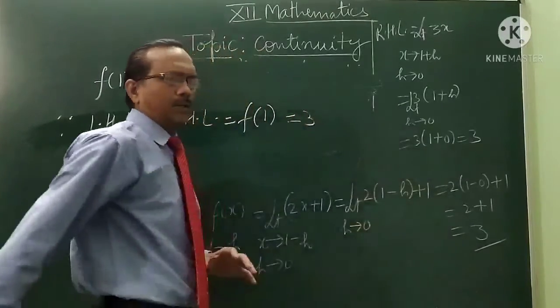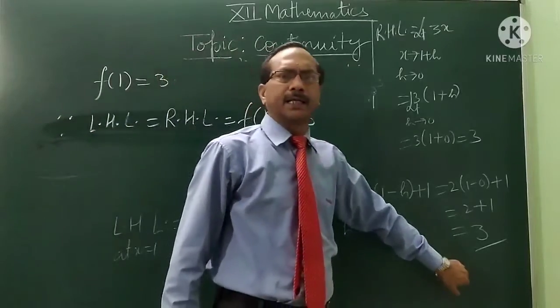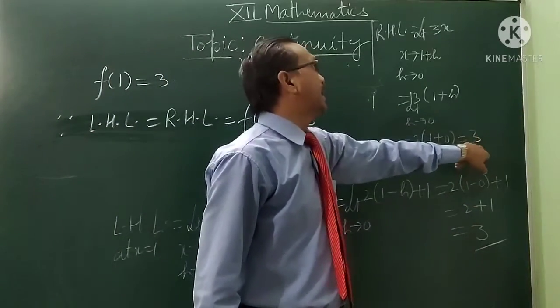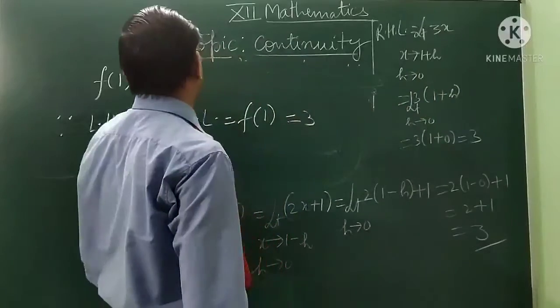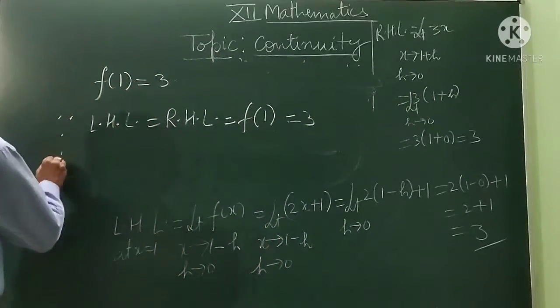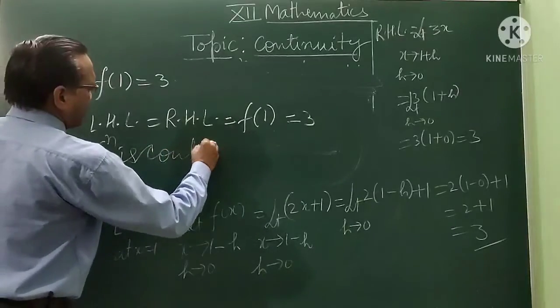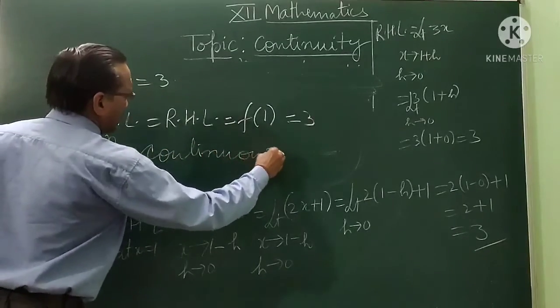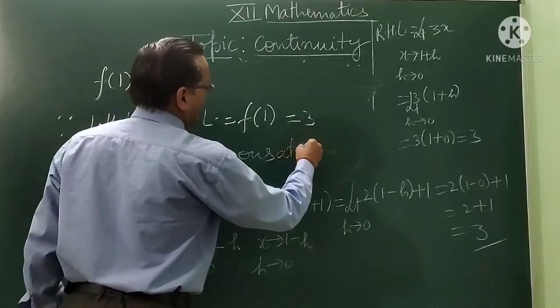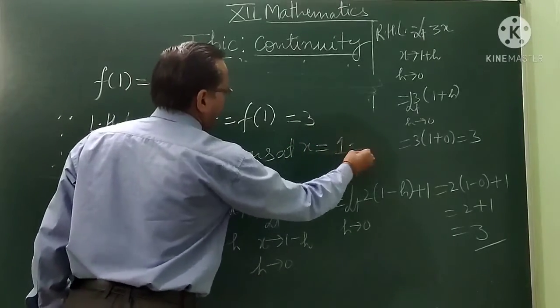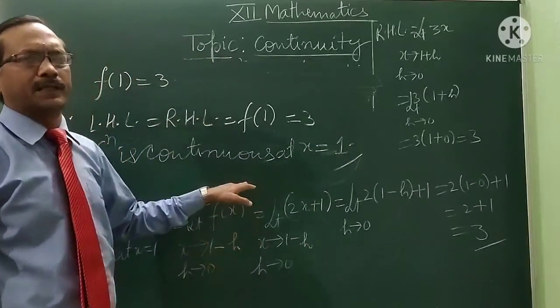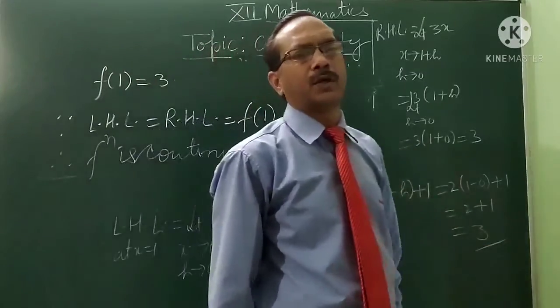Left hand limit is 3, right hand limit is 3, and value of the function is also 3. Therefore, the function is continuous at x equal to 1. So we can say this function is continuous at x equal to 1.